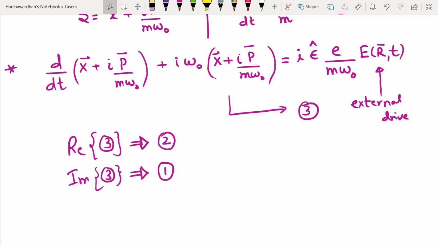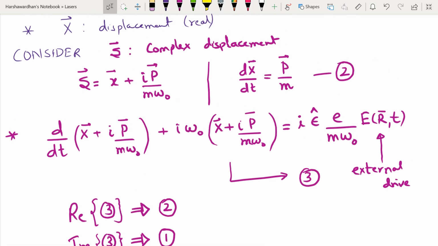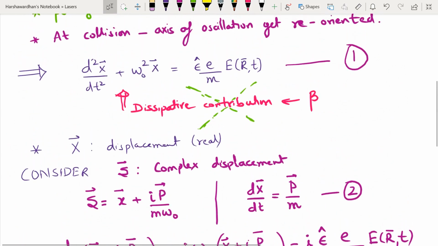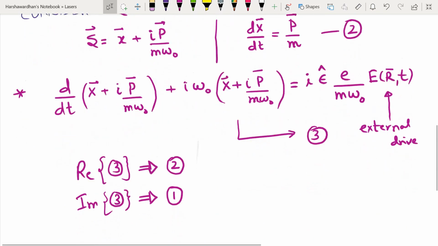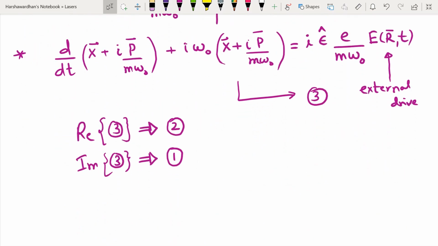All that it simply states is two important facts: my original system, which has no dissipation, has to do with the real displacement driven by a real external field. Everything is real in equation number 1. Similarly, in equation number 2, everything is real, but one can write both of these together in this complex form, and let's see how one goes about dealing with this.